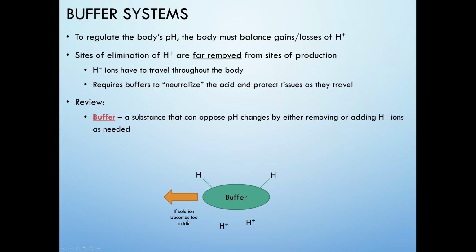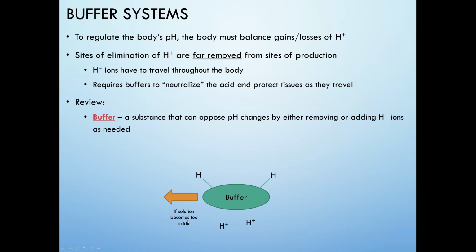On the flip side, if the solution becomes too basic, meaning we don't have enough hydrogen ions in our solution, a buffer can release hydrogen ions and add them to a solution. So they donate or release hydrogen ions, adding them to the solution. That puts more free hydrogen ions in the solution, which will decrease the pH back to normal. So a buffer is called a buffer because it can do the reaction in both directions.